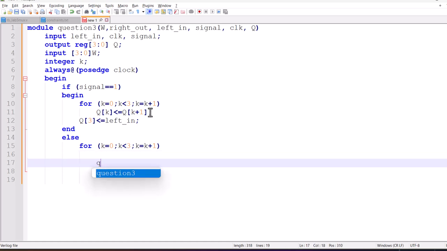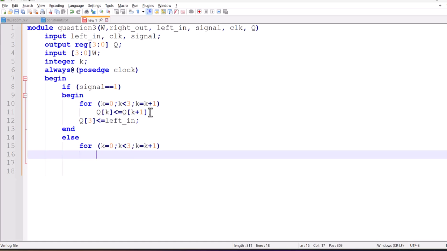And we're going to have Q of K equals W of K ANDed with Q of K. Now notice here I need to make this non-blocking. Actually it wouldn't make a difference on this one. Okay, so we've got that.